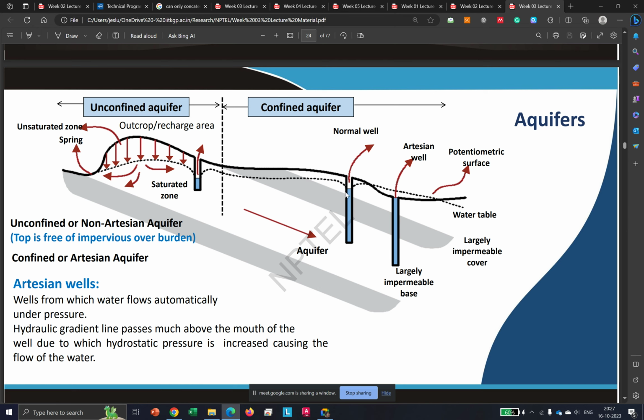So you need to dig through the impermeable cover and then go into the aquifer in order to get water. Whereas in an unconfined aquifer, you don't have that layer, so you probably have to dig a bit less. So is that clear? What is an unconfined and confined aquifer? Yes, ma'am. Okay, fine.